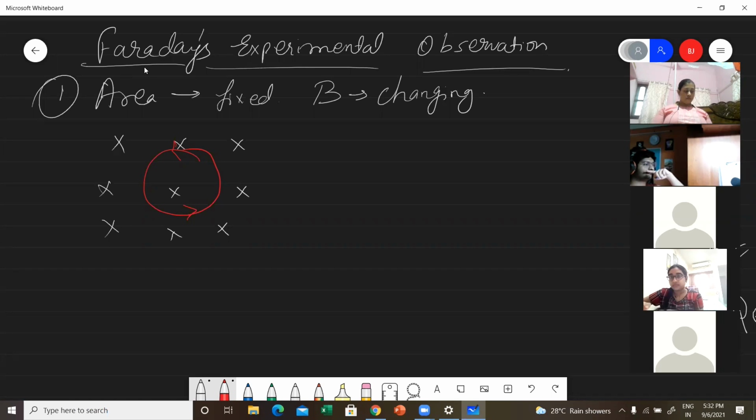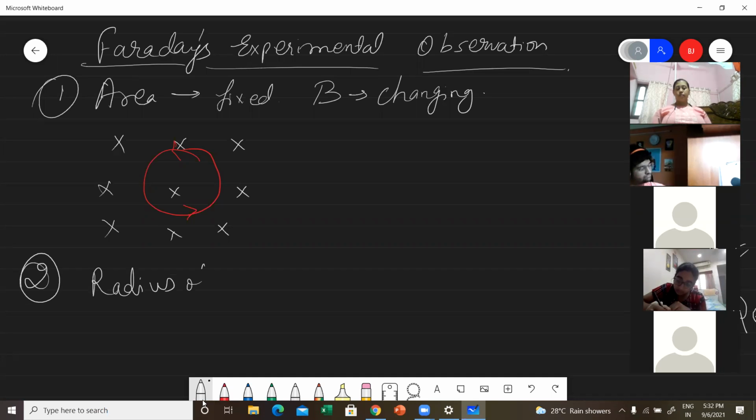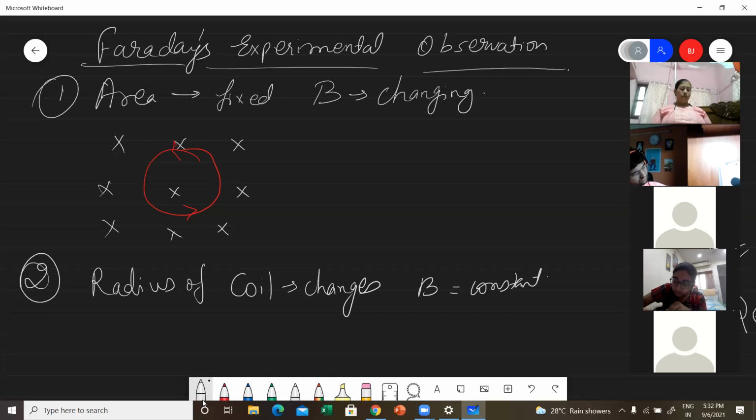Very good. Now, the second case. If the radius of the coil changes and I keep B constant, then the current also changes. Why?